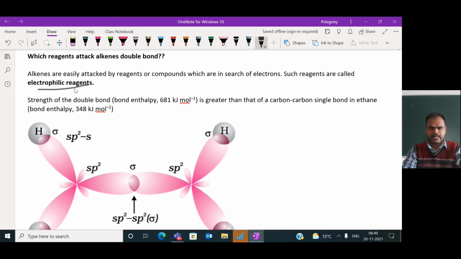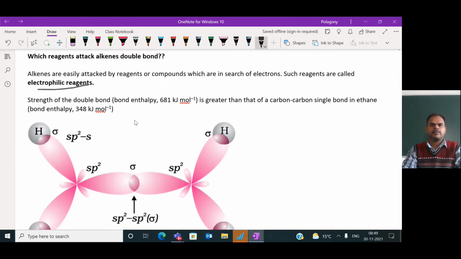Due to the presence of pi bond electrons. So alkenes are easily attacked by reagents or compounds which are in search of electrons. Such reagents are called electrophilic reagents. The electrophilic reagents attack that double bond.